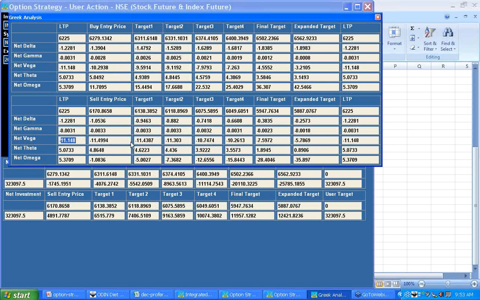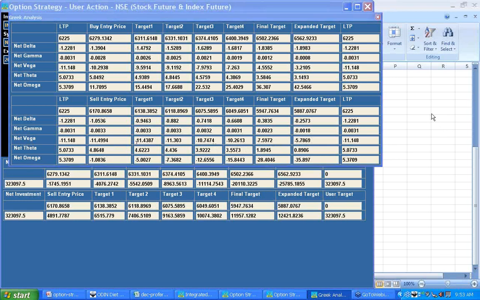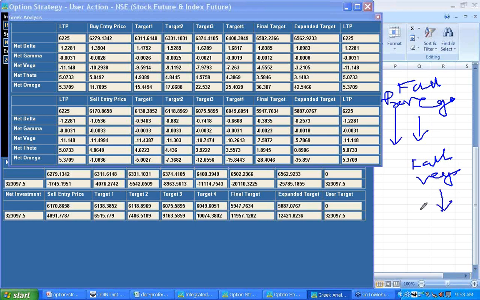Any decremental cycle of the Vega with the price fall, net Vega with price fall, is going to reward me. The only thing is that a fall in Vega with a rise in the price is going to give me the losses.